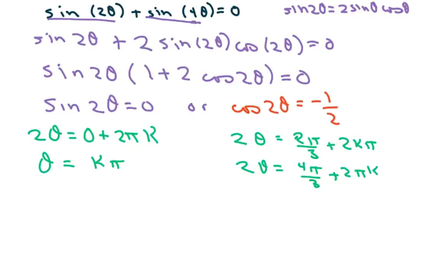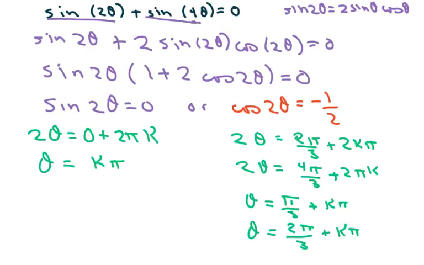Let's put the k there. When you divide both sides by 2, you're going to get theta equals pi over 3 plus k pi, and theta equals 2 pi over 3 plus k pi.